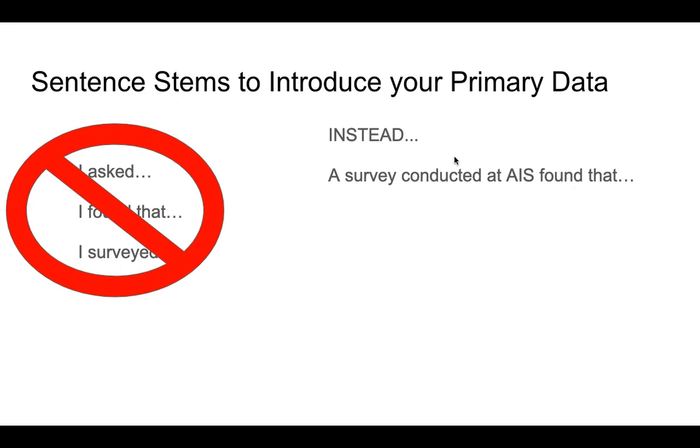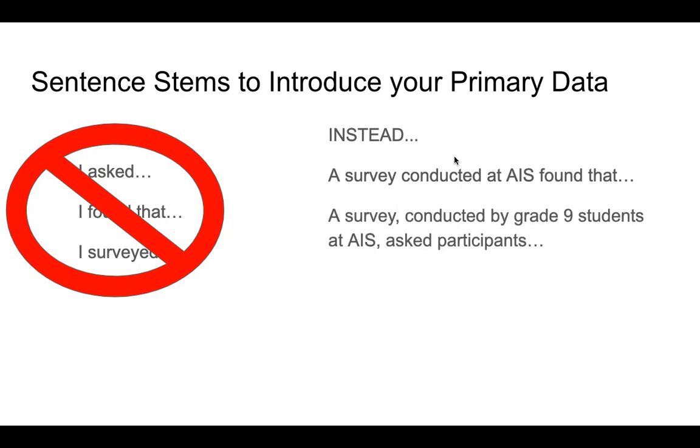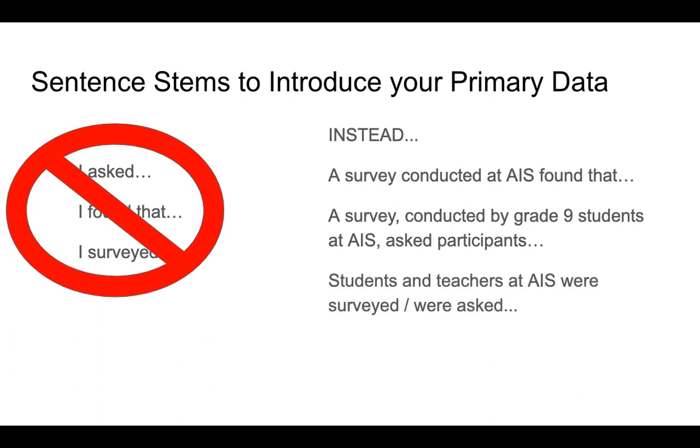A survey conducted at AIS found that, or a survey conducted by grade 9 students at AIS asked participants X, Y, and Z. Students and teachers at AIS were surveyed or were asked such and such. So use these instead of I asked or I found or I surveyed. You put the object instead of the subject and use the past participle verb.